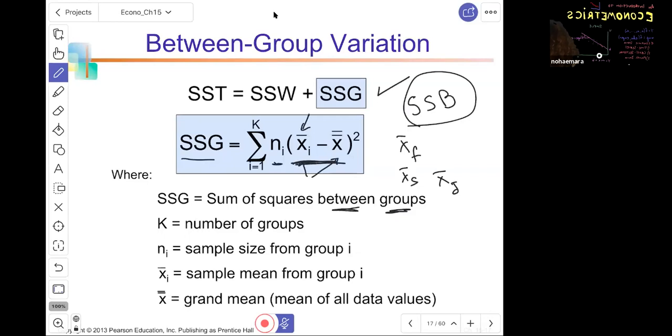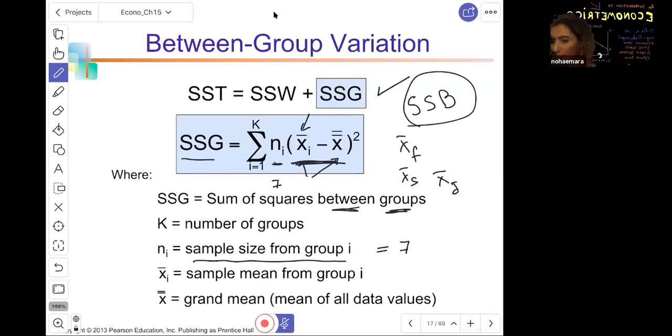And here it's multiplied by the sample size, and the sample size in the example I gave you, I have 7 students per group, which is the sample size from group i. So what you're going to do here is 7, and then you take group mean 1 minus the overall mean, and so on. And this would give us the sum of the squares between groups.